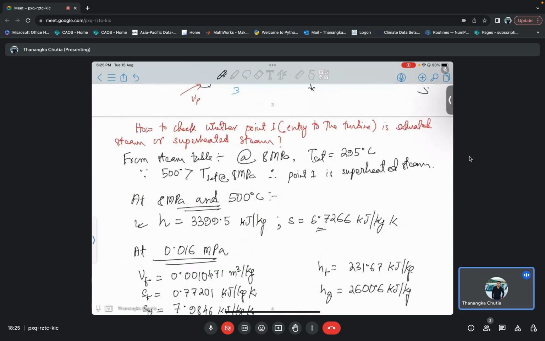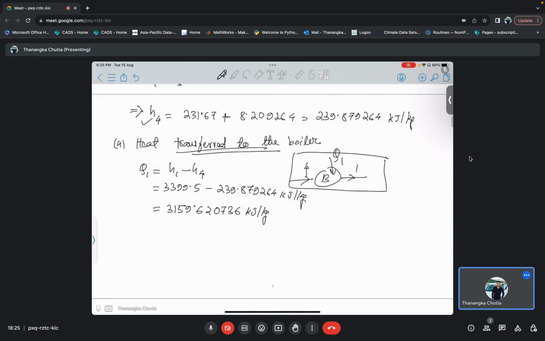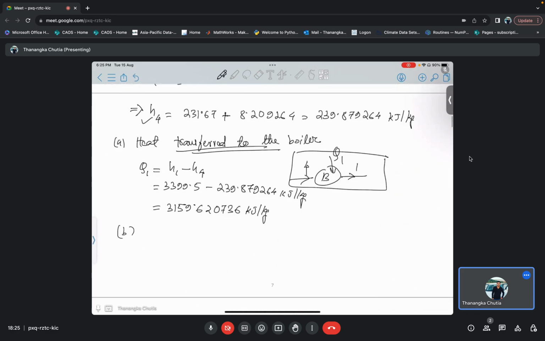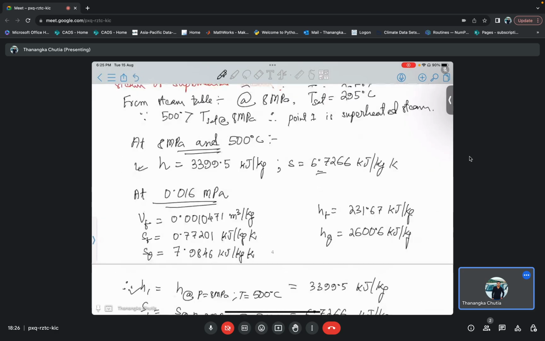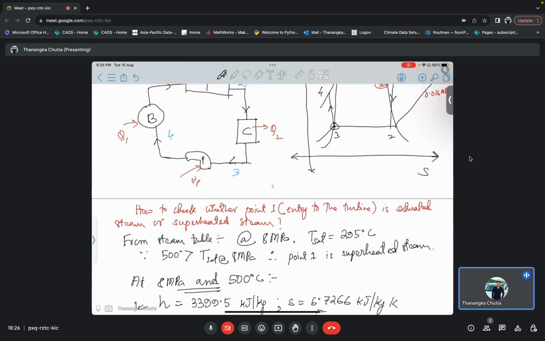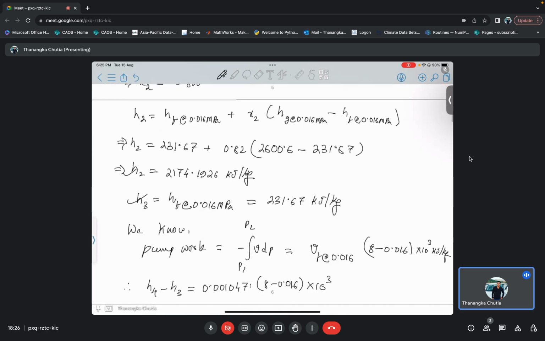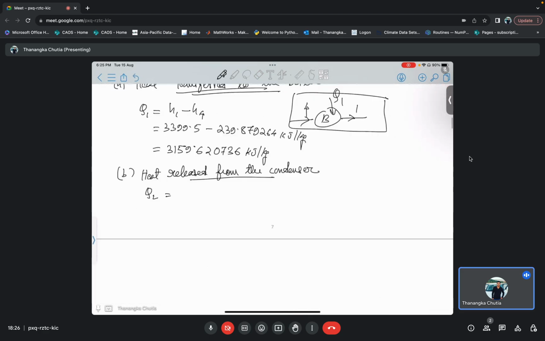Similarly, heat released from the condenser will be Q2. Okay, and this Q2 will be H2 minus H3, similar to the boiler.